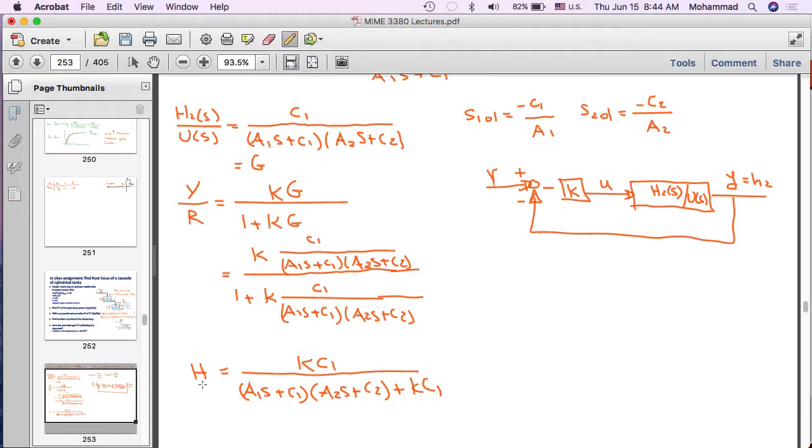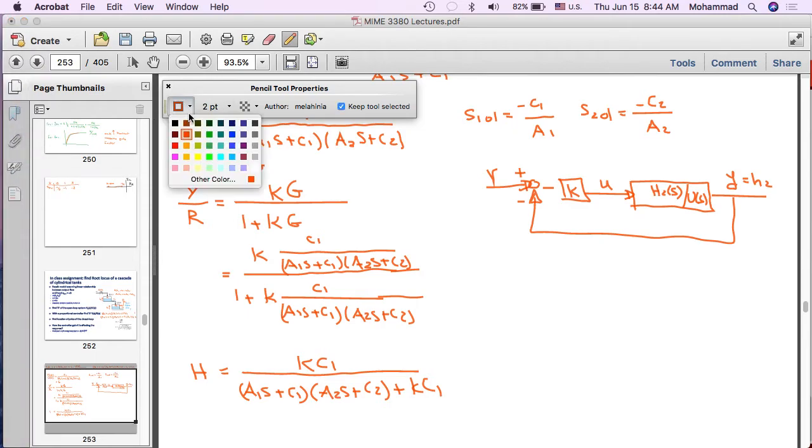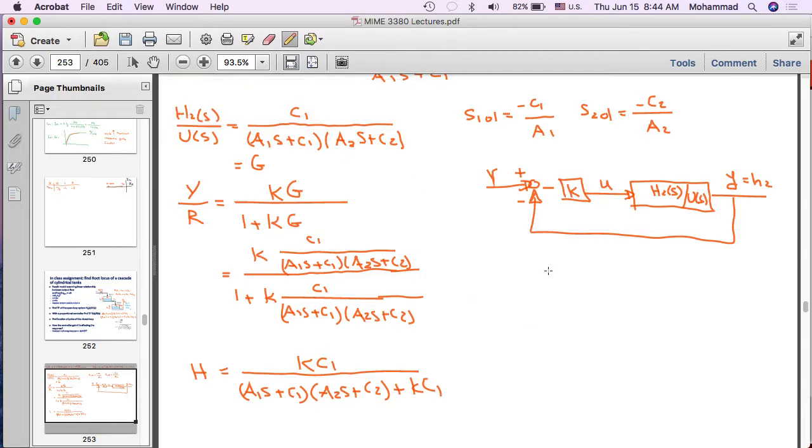Now, before going any further, let's assume a few numbers. So what do I mean? I mean, let's give C1 and C2 and A1 and A2 some numbers so we can compare. So let's make this assumption that A1 is equal to A2, and they're both equal to 1 meter squared.